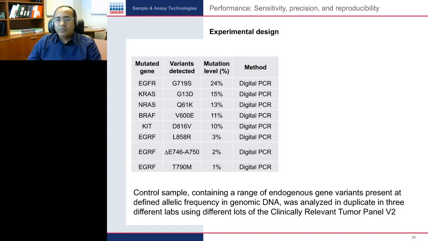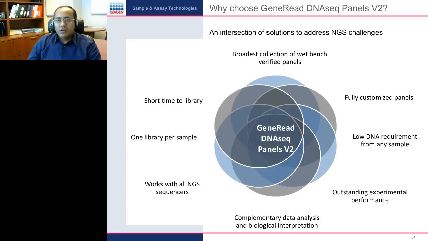And now, if we have to really summarize why one should choose the GeneRead DNAseq gene panels, the answer is quite simple. It is an intersection of different solutions addressing different next-gen sequencing challenges.